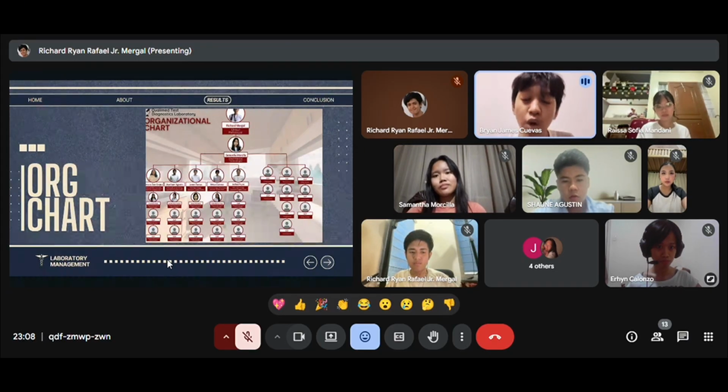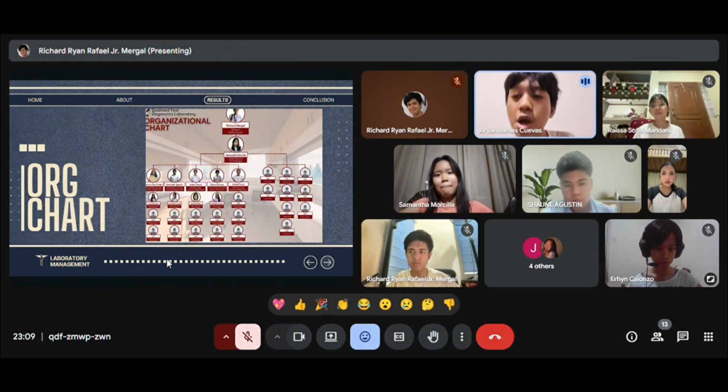And we can also see in our organizational chart the five section supervisors, including clinical microscopy, clinical chemistry, hematology, immunology, serology, and microbiology. Each supervisor manages a team of medical technologists who run tests and take care of the instruments.